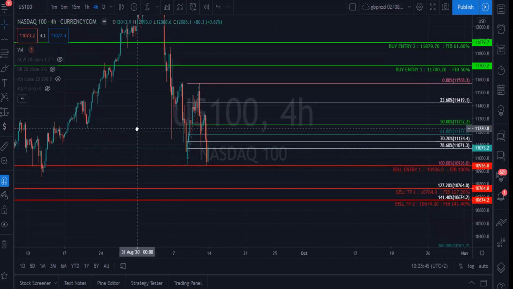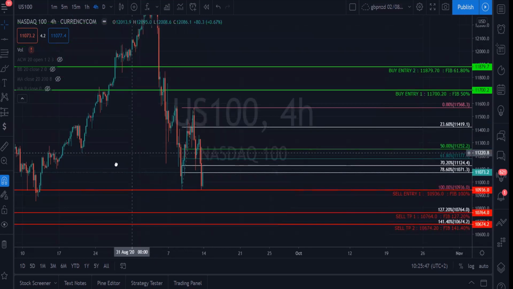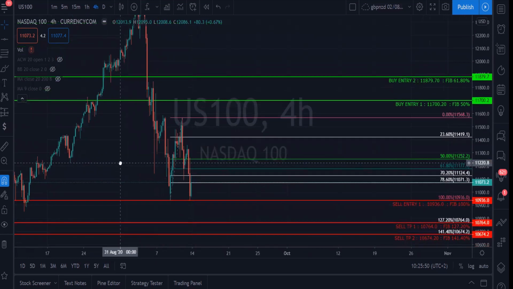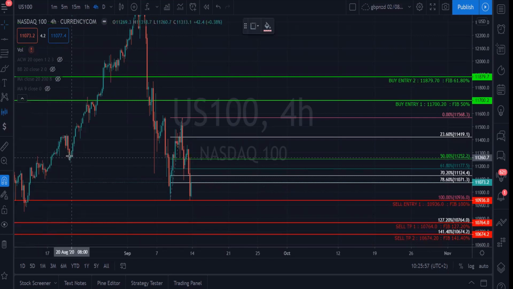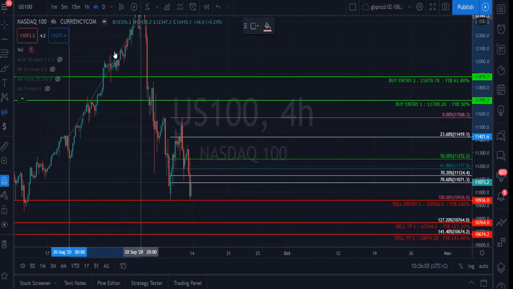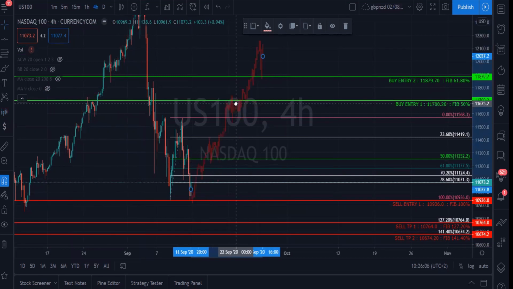So if we were to draw a bar pattern, let's take a bar pattern. How did we draw this one?